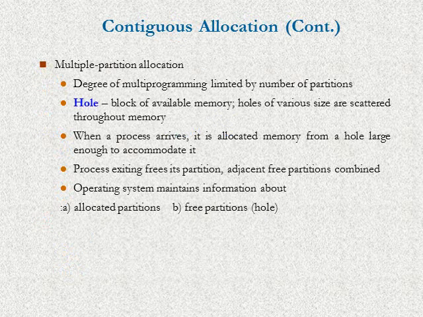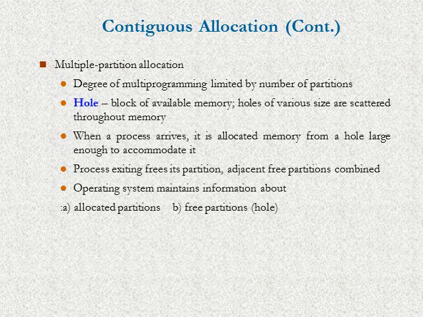In contiguous allocation, the main memory is divided into some partitions, and each of these partitions is eligible to accommodate a process. And if some of these partitions are free, we call them holes. So a hole is a block of available memory where we can load a process.